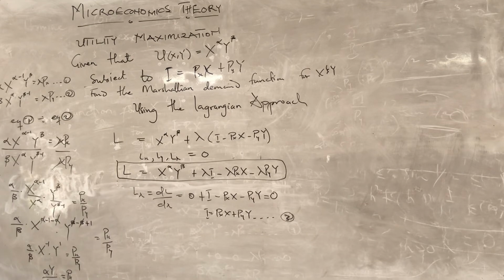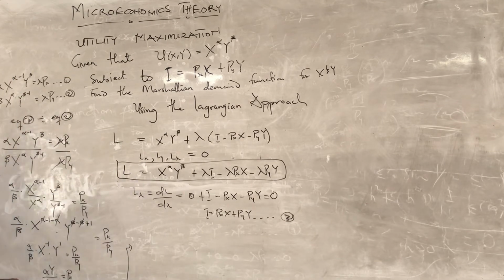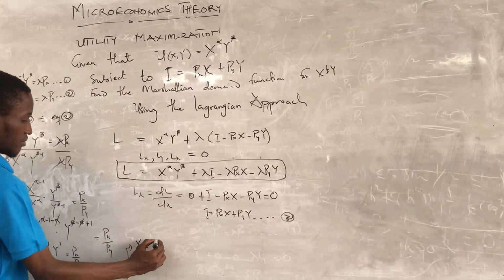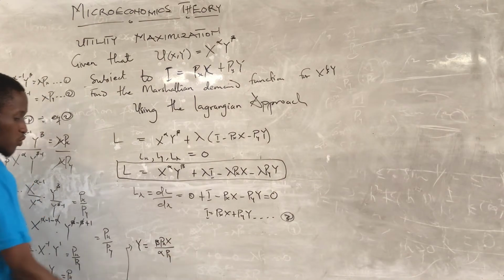We can now try and make y the subject. When I make y the subject, the MRS approach goes through as we broke it down. So we get y equal to beta px x over alpha py.